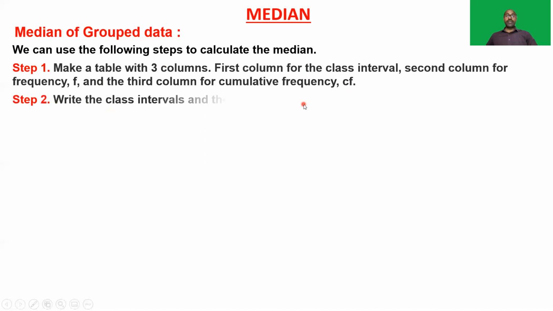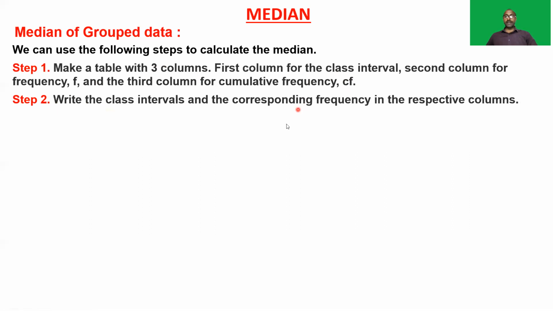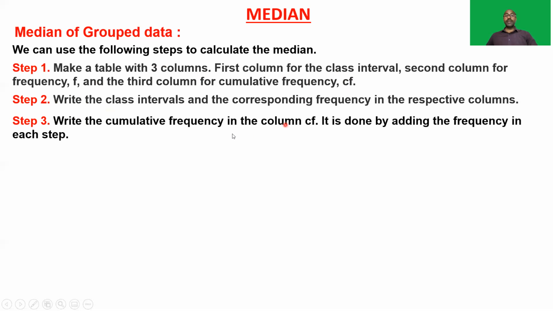And after that, write the class intervals and the corresponding frequencies in the respective columns. And in third step, we have to calculate the cumulative frequency in the column CF. It is done by adding the frequencies in each step. Let us see in example.